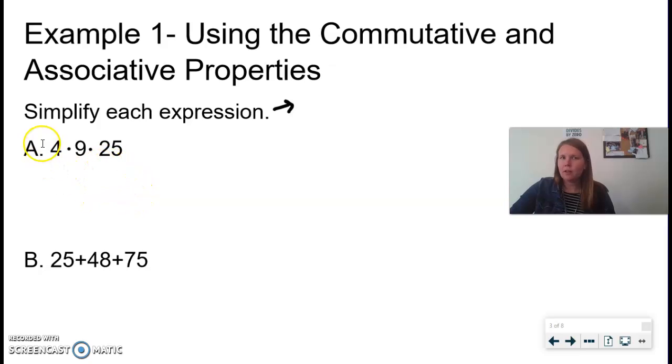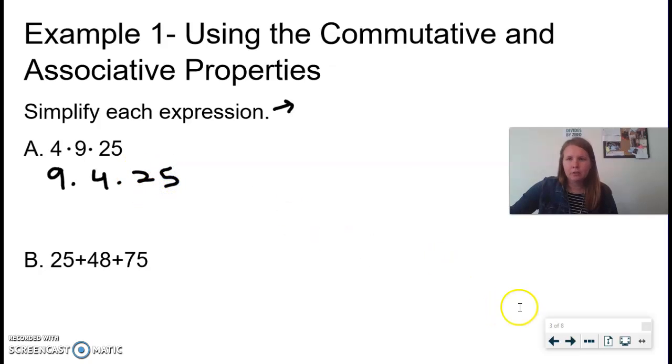So to me, looking at this problem, I have 4 and 9 and 25. To be honest with you, 4 and 25 seems a lot easier to multiply than 4 and 9. Maybe you already know 4 and 9 right away, but I already know what 4 and 25 is. So I'm actually going to rewrite this around because I want to show you what this is going to do.